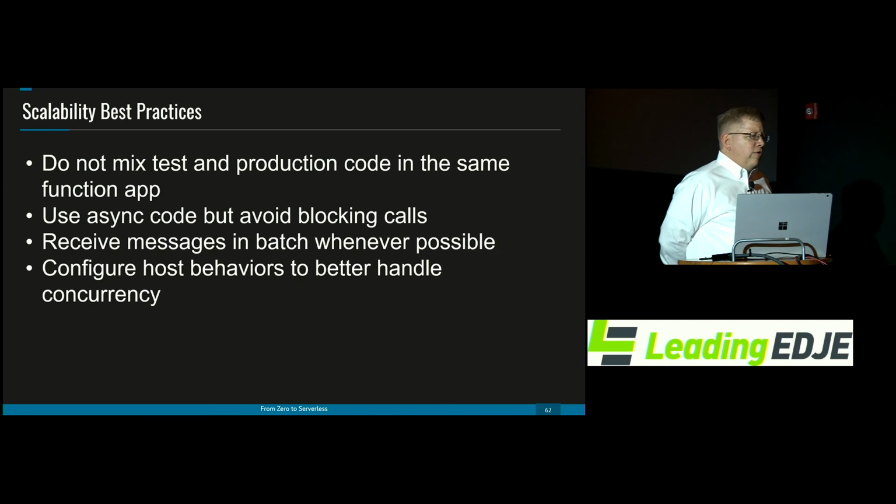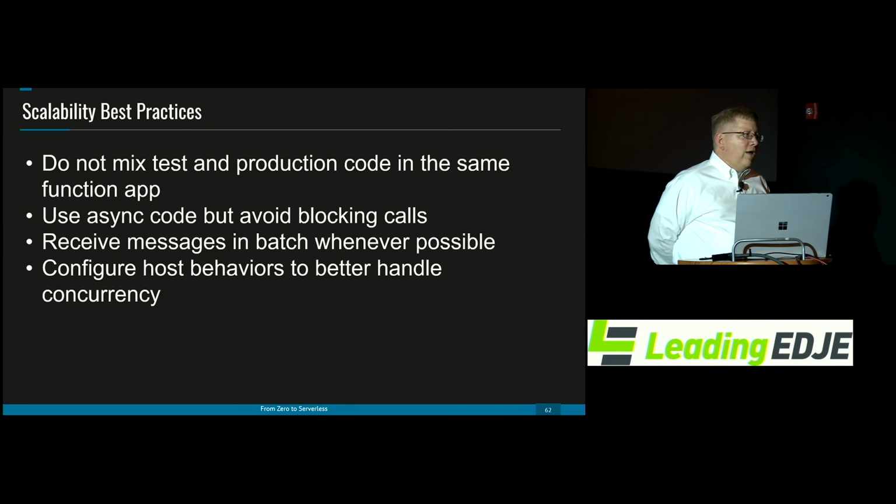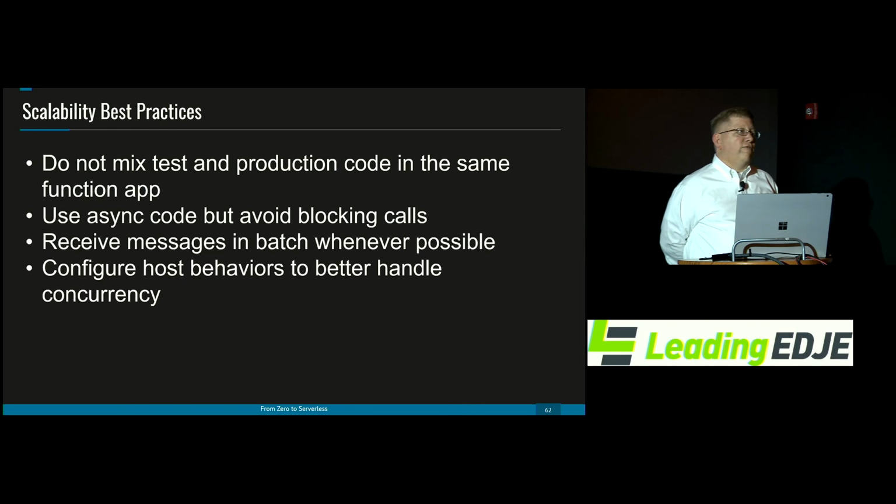And then configure your host to best handle concurrency. There is the host.json file that allows you to make some configurations. You want to make sure how you do your batching. You can manage concurrency for the number of triggers that happen.